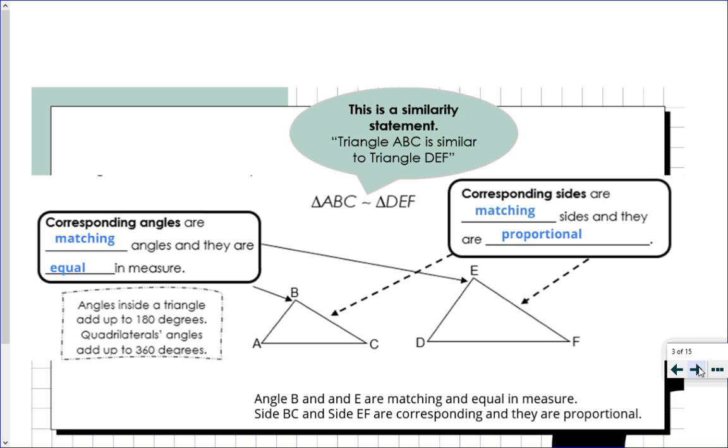It's up on the board. Nope, a quadrilateral's angles add up to 360 degrees. So the total sum of all the angles inside the triangle is 180. And because the triangle is half of a rectangle, that's a nice relationship between the triangle and rectangle.